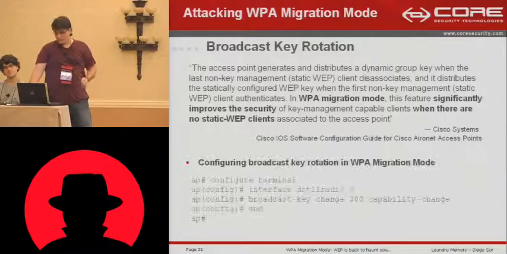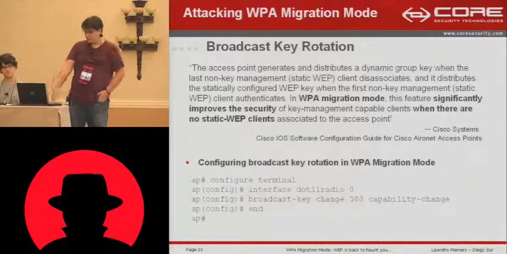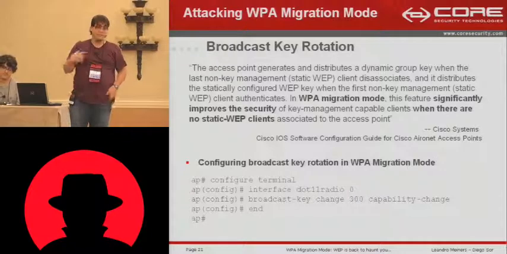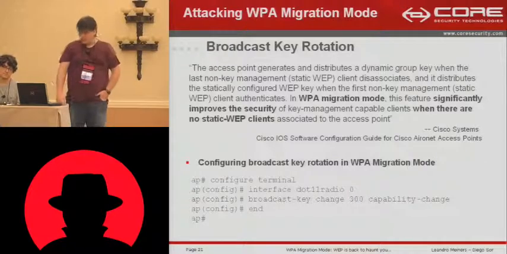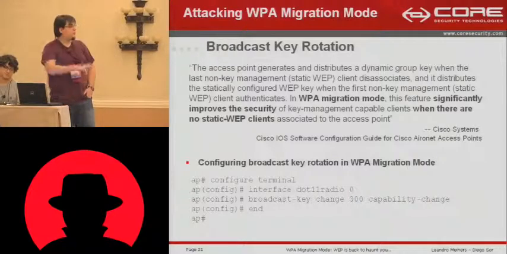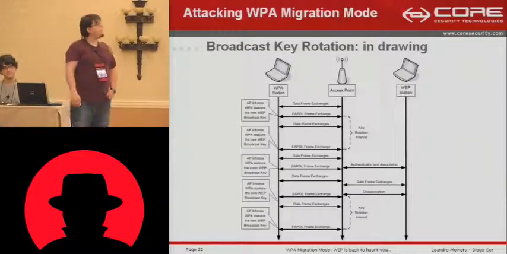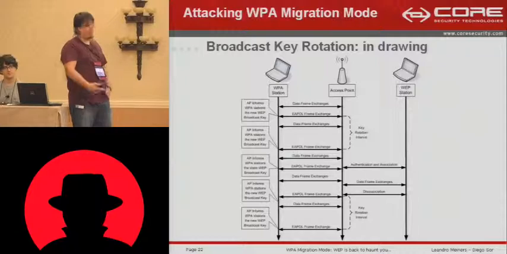To configure this on a Cisco AP, you use the broadcast key change command. You specify the number of seconds that the key rotates, and you have to specify the membership capability change.